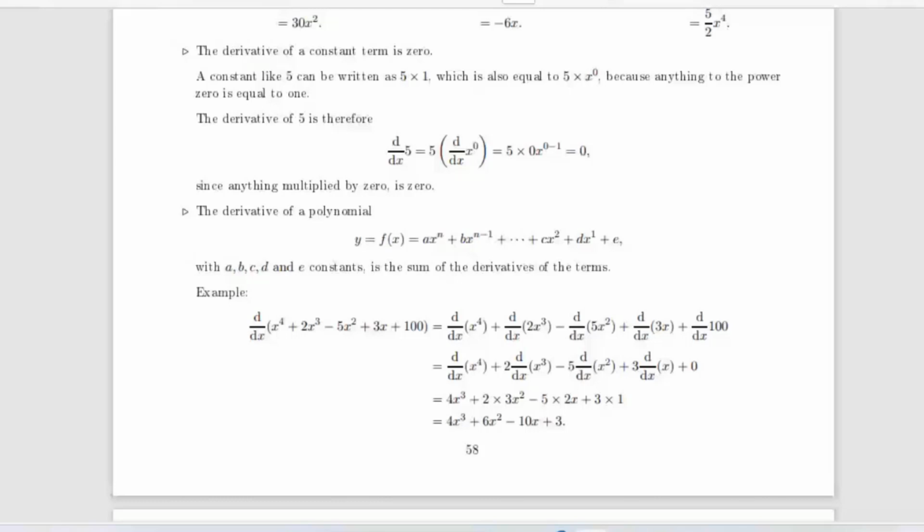So for the 3x, you bring down the 3 because the 3 is a constant. So basically, derivative, differentiation, is like you are trying to break down.